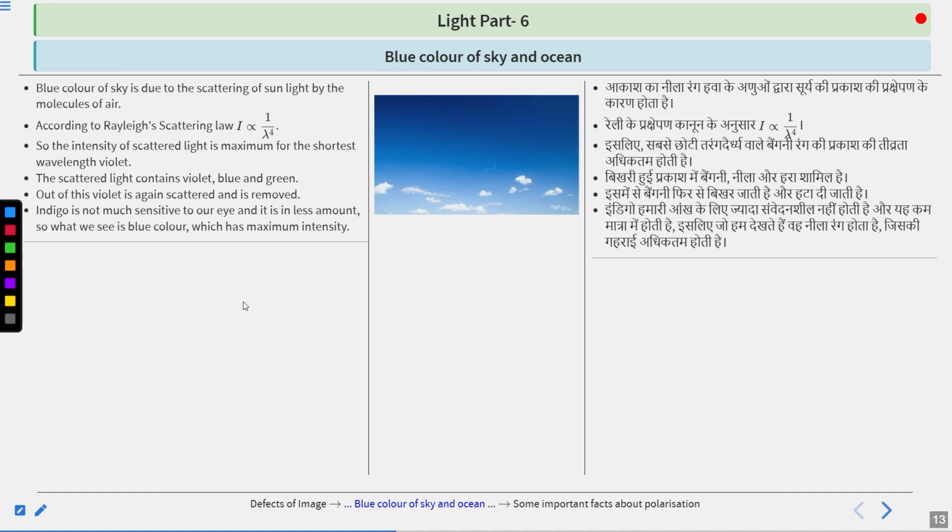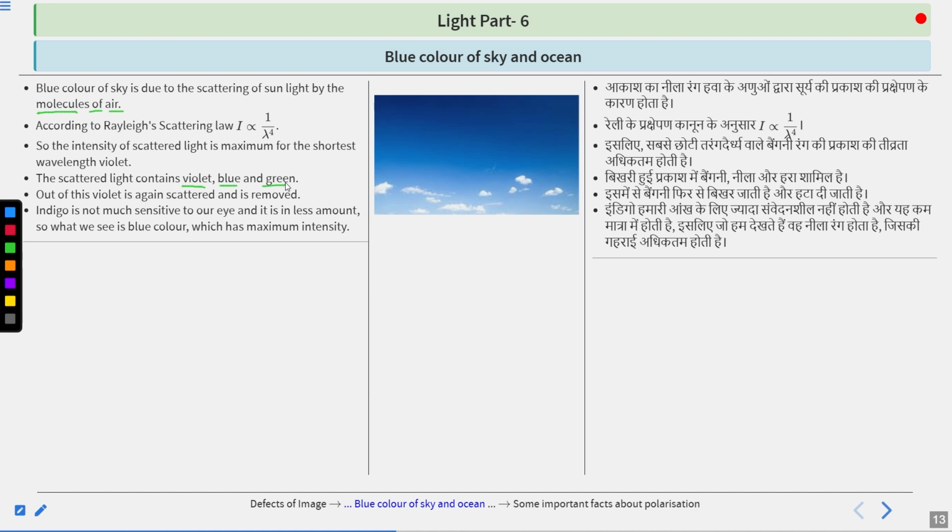So generally, when the sun rays enter the earth atmosphere, and we know the earth atmosphere is not a vacuum, it actually contains different layers of air. Because of this, there are so many particles, or what we call molecules of air, suspended in the earth atmosphere. So when the sunlight strikes them, the scattering of light happens with violet, blue and green.